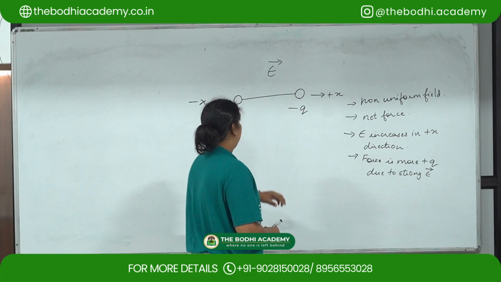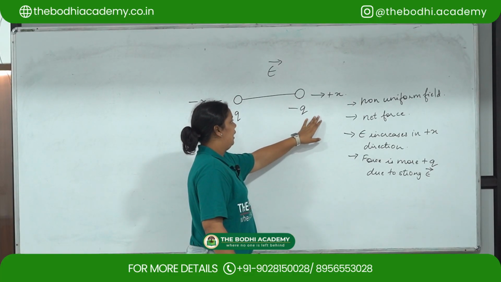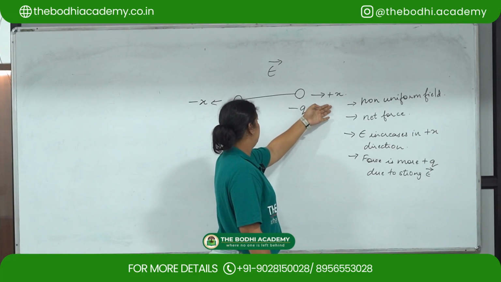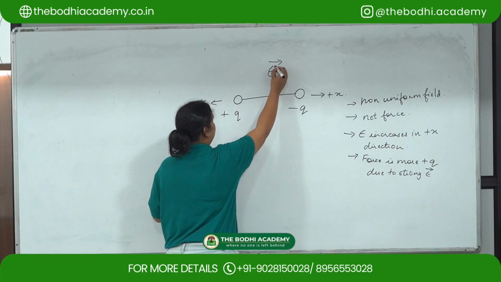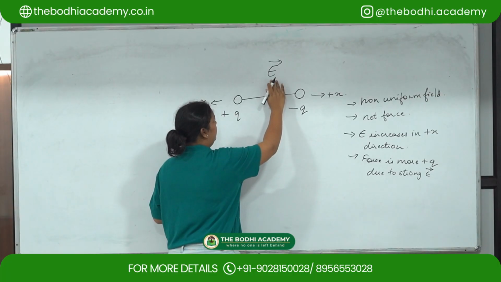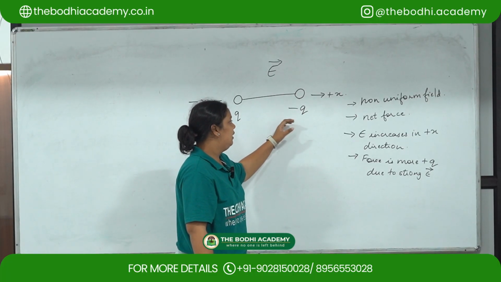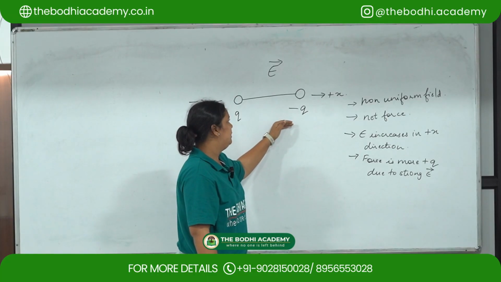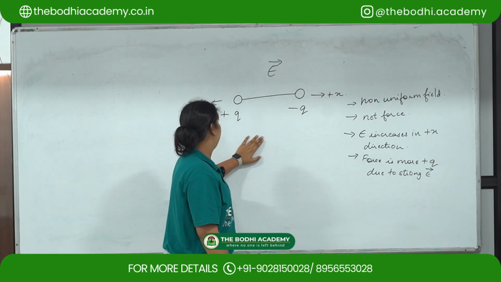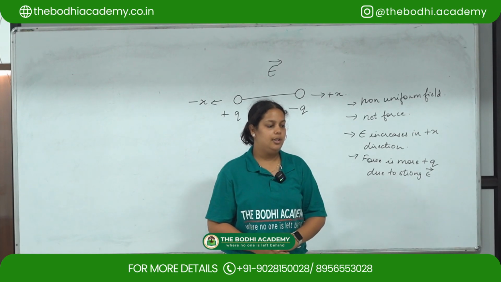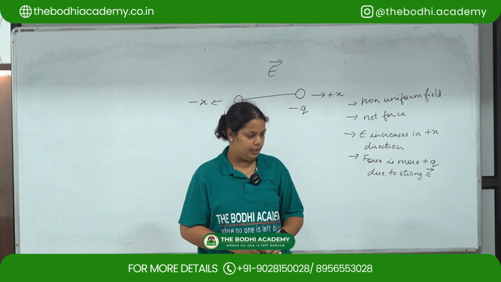So the minus q charge is lying here to the right, and it is plus q. It is given that the electric field is this side, and the negative charge always experiences force opposite to the electric field. So that will be in the negative x direction. So the answer to the first question is negative x direction.